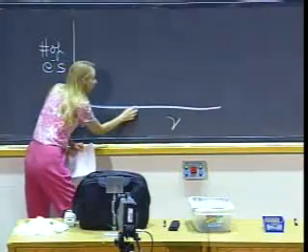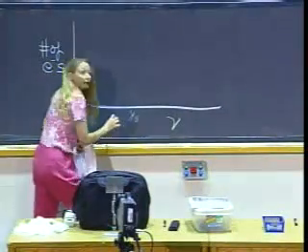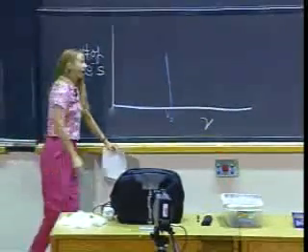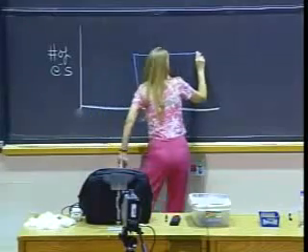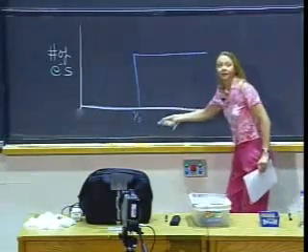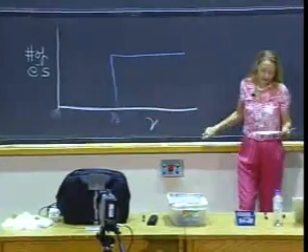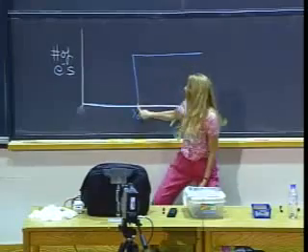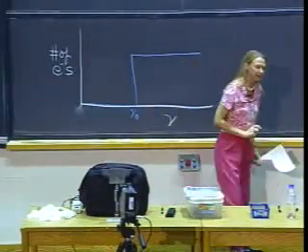But when you get to some frequency nu naught, all of a sudden electrons come off, and the number of electrons remains constant as you increase the frequency of the light. Typically, the frequency of light that causes these electrons to be emitted is in the ultraviolet range.